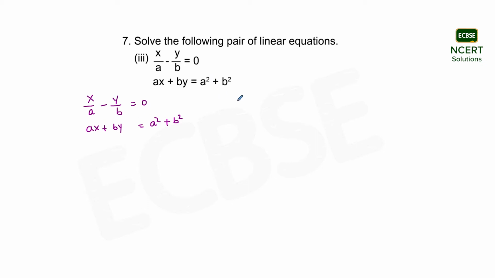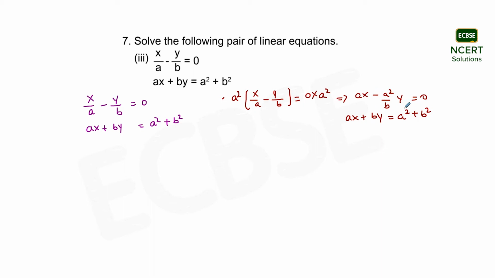So the first solution I can give for these linear equations is multiplying both sides of the first equation with a square. So here I'll be getting 0 into a square, which will be equal to ax minus a square by b y is equal to 0, and the second equation is ax plus by is equal to a square plus b square.